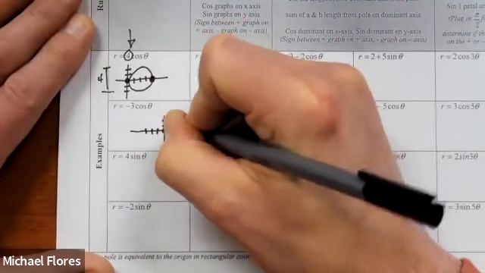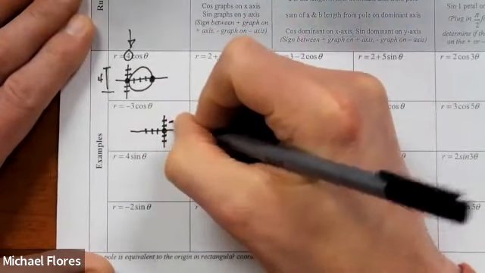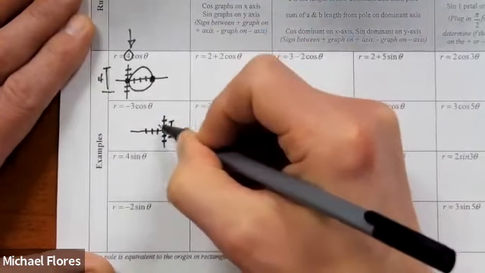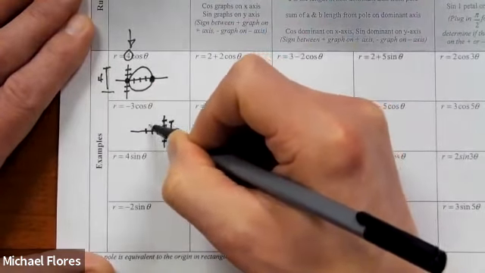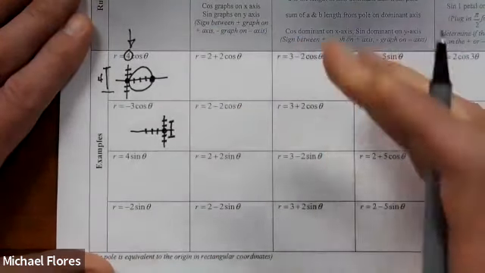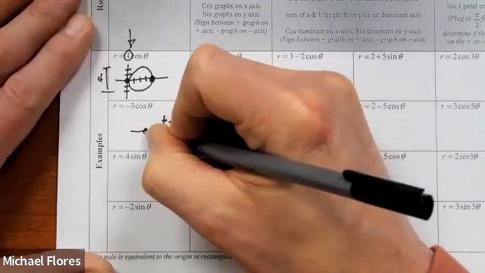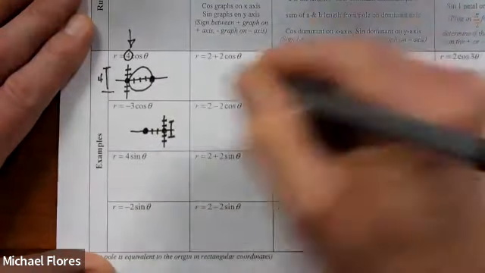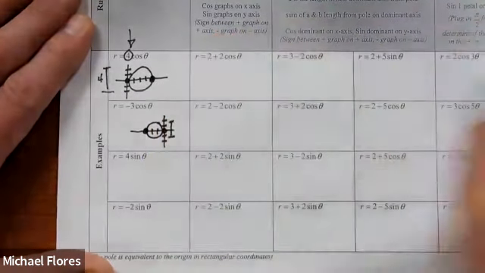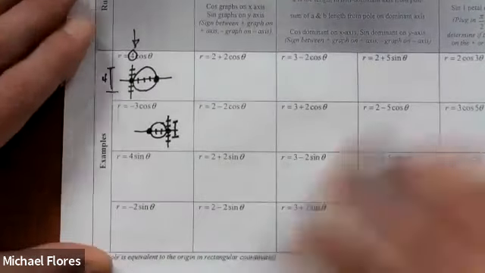I'm going to go up 2, down 2, but our distance needs to be from here to here, which means whenever we draw, we want to be up at about 1.5, and down here at about 1.5. But like I said, don't stress too much about it. From the pole, we went 1, 2, 3 to the left. Plot, that's our dominant axis, and then draw your circle. I'm proud of that circle. I think that one's pretty good.